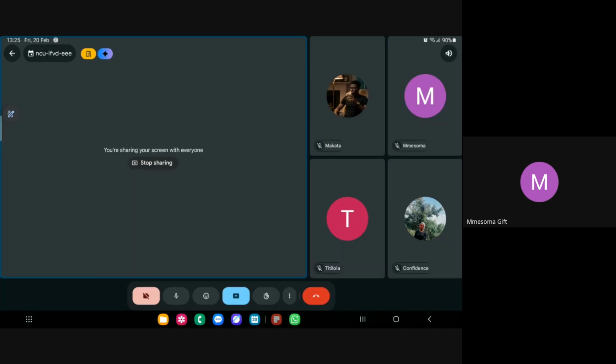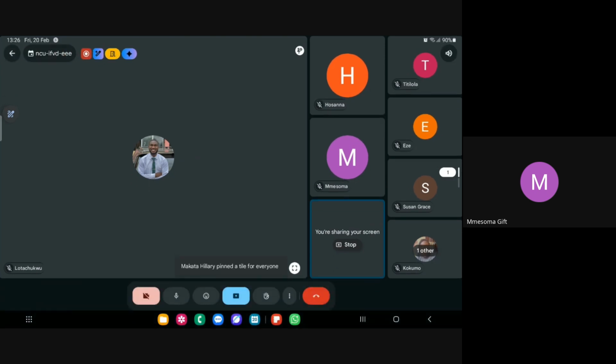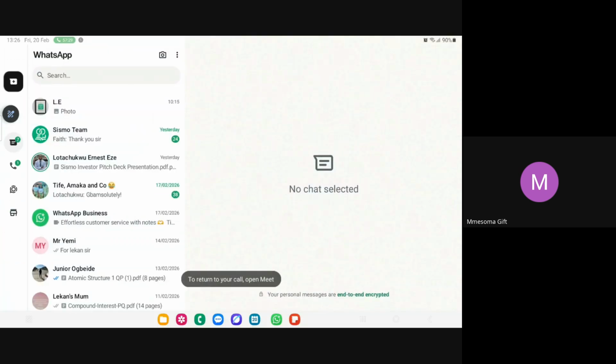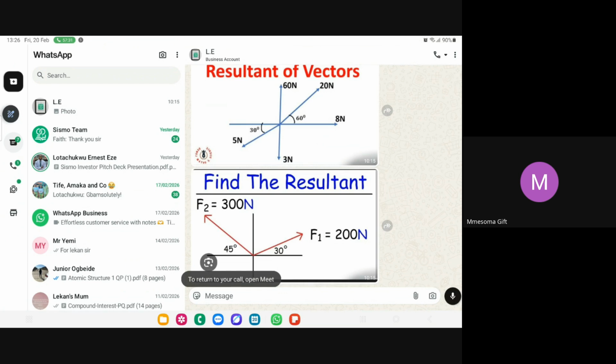If you are ready, give me a love emoji. Because it's only in this class I receive love emoji. After the class, I will not see love emoji again. So that's why I always request for it. Because I know after now, no more.